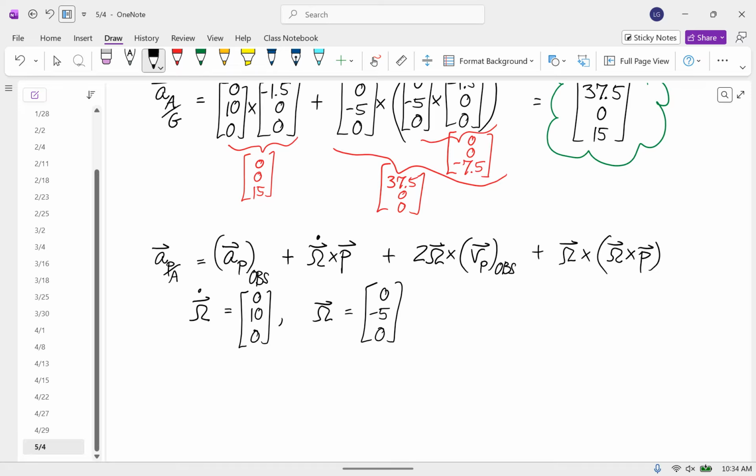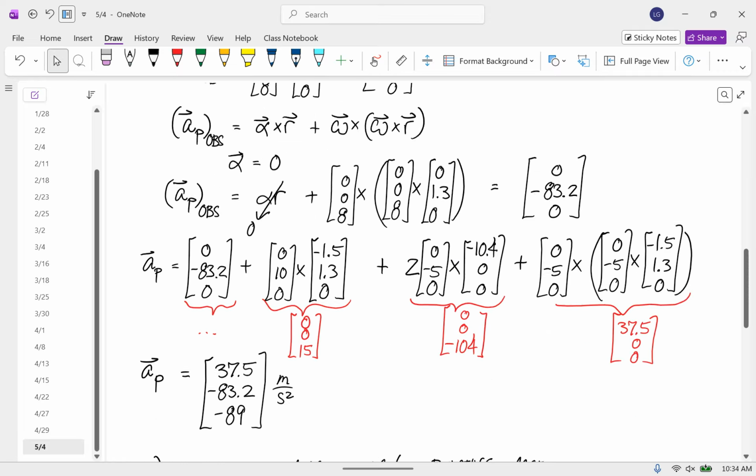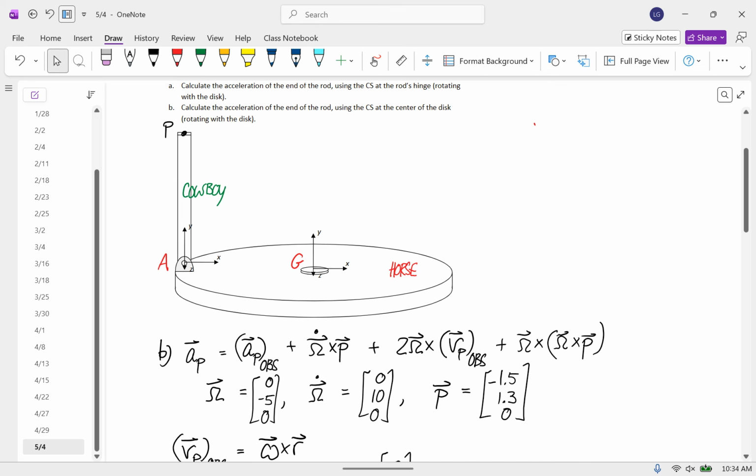And then the last thing that's easy to collect is the position vector. That's the vector that goes from the origin to the point of interest. Well, now, before that was from G to P. Now the origin is at A, so that's just going to be 0, 1.30.